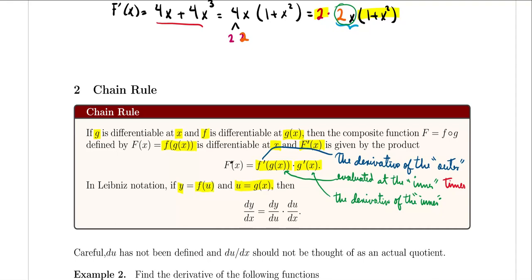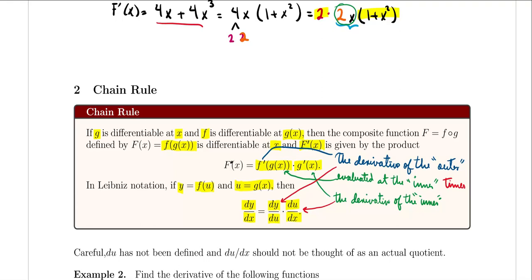So if you have y and u, then the chain rule is the same thing as dy/dx, the derivative of y with respect to x, is equal to the derivative of y with respect to u times the derivative of u with respect to x. Now it might look different, but we're still doing the same thing. It is the derivative of the outer value at the inner times the derivative of the inner function. It's all the same thing.